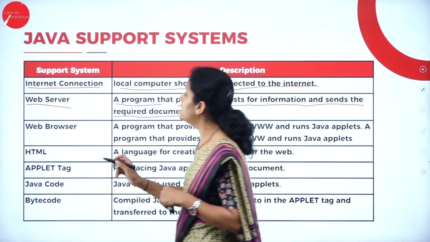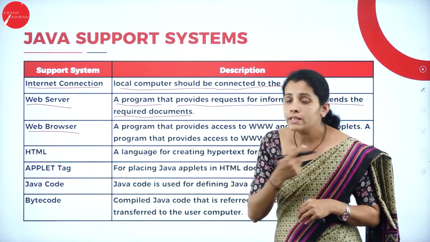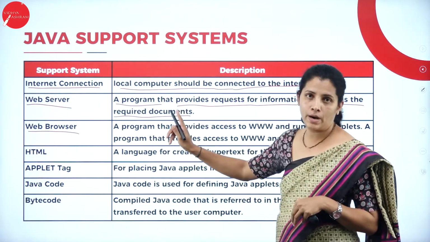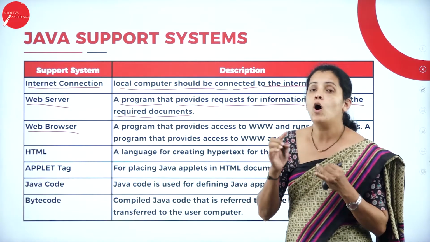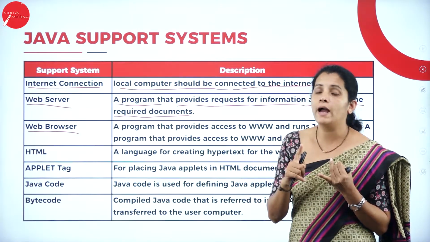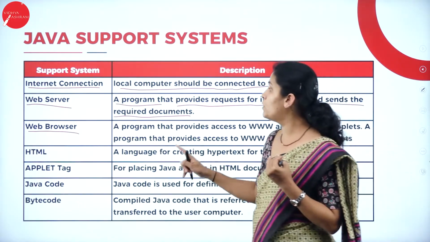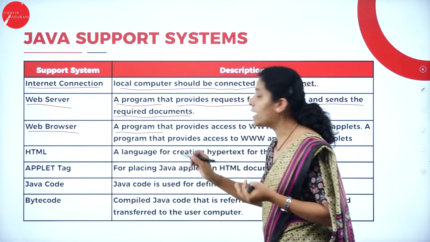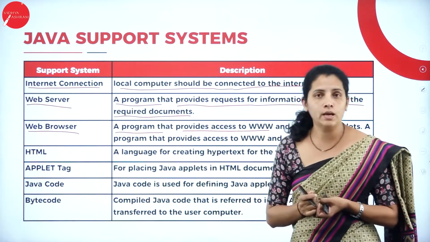And what is web browser? So here once again we are going to come across web browser. So what is the example we have? That is Hot Java along with Internet Explorer, Mozilla. These are the examples for web browser. So here it is a program that provides access to the www.